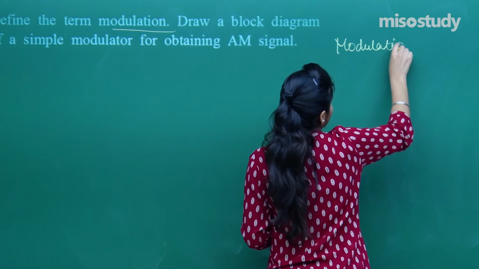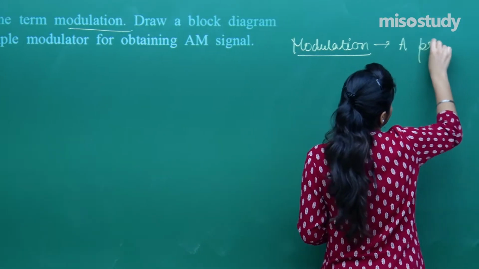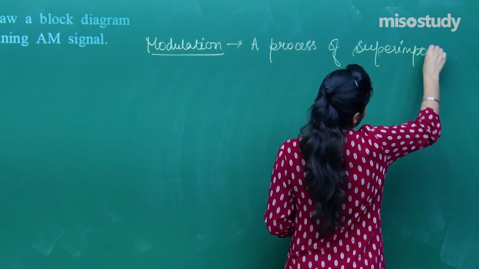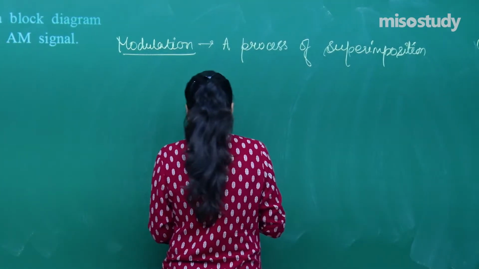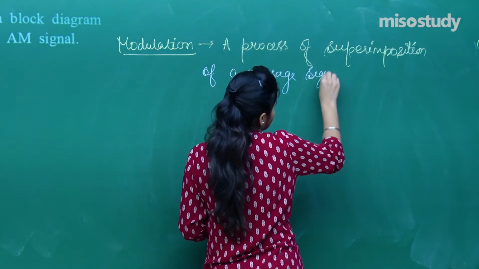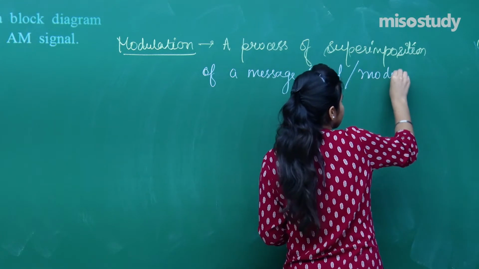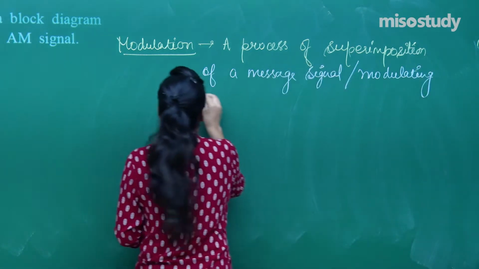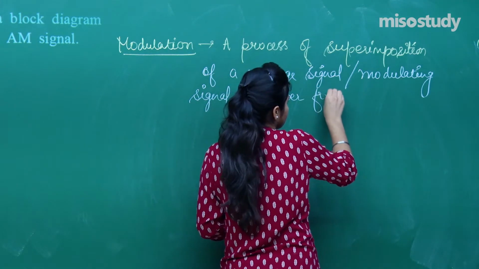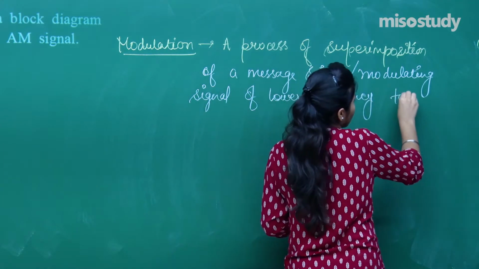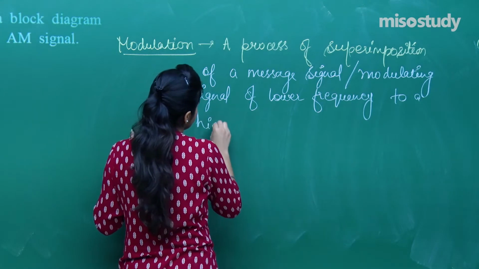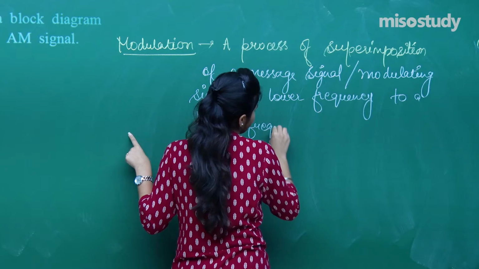Modulation is a process of superimposition of a message signal, or you can say the modulating signal, of lower frequency to a higher frequency carrier wave.